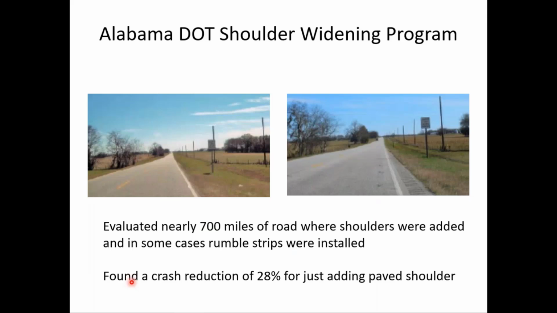You can see the original condition on the left side there, just a stone or grass shoulder, but then they put in paved shoulders and in some cases rumble strips, not in every case. And they found overall for the whole program a crash reduction of 28% just by adding a paved shoulder. So as I've talked about, adding paved shoulders can have a significant safety benefit.